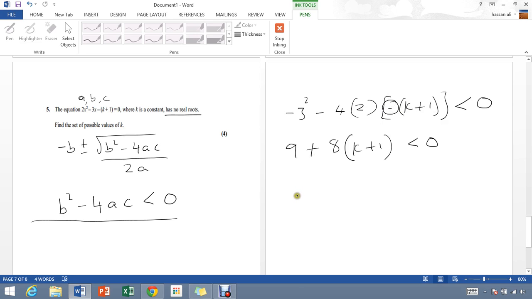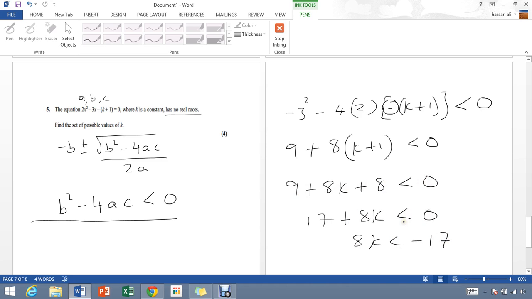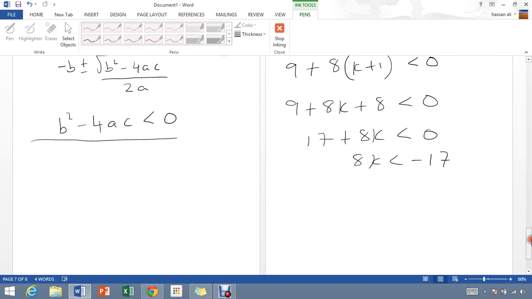Okay, 9 plus, if we multiply this out, we have 9 plus 8k plus 8, and it has to be less than 0. 9 plus 8 will equal 17 plus 8k, all has to be less than 0. 8k will be less than minus 17, and you've guessed it, k has to be less than minus 17 over 8.